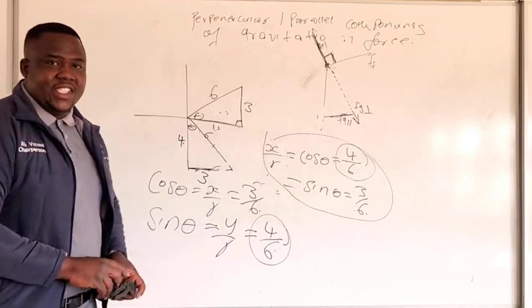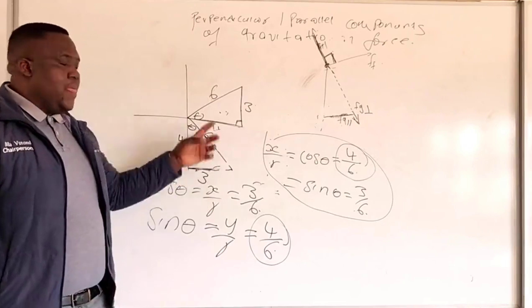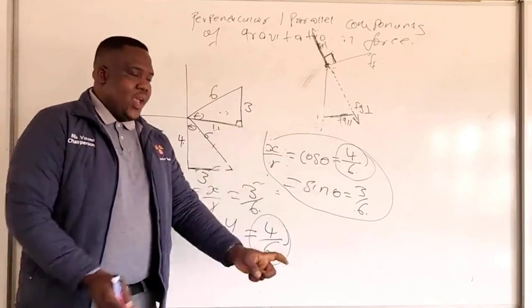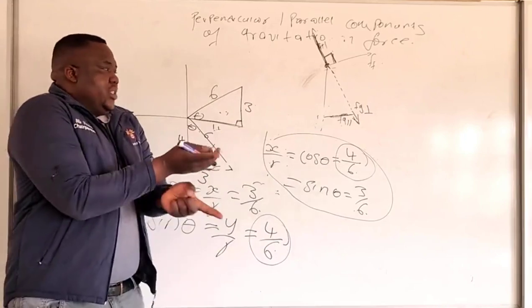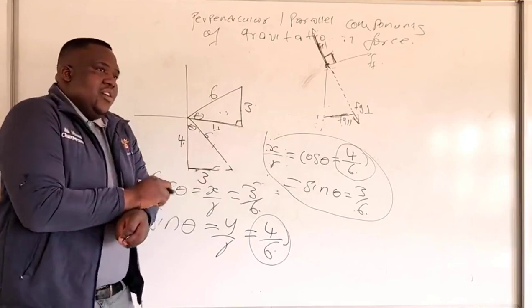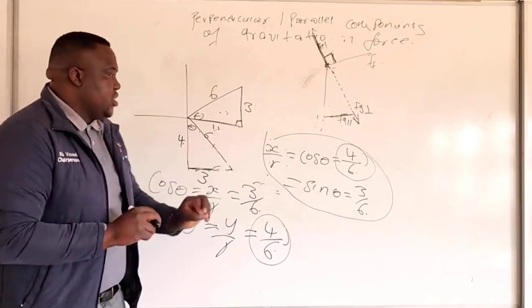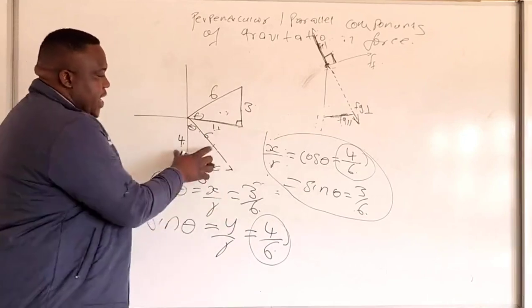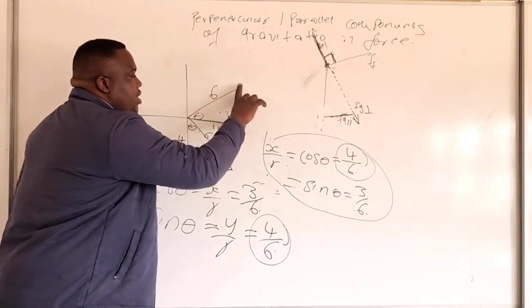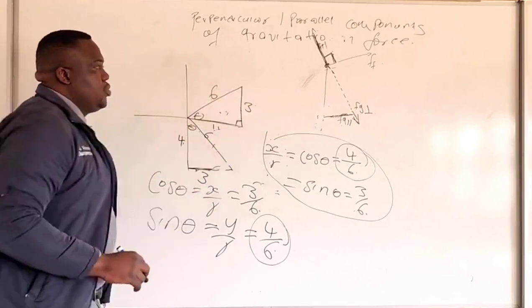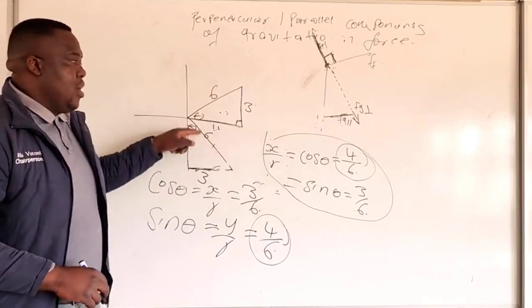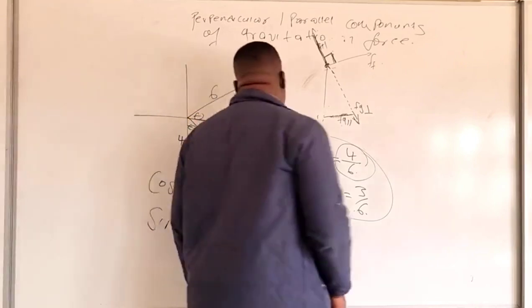So that is the reason for the parallel and perpendicular components. For parallel we use sine, for perpendicular we use cos. It's because the triangle is shifted. It's not like this when we try to calculate. I don't know if I make sense.